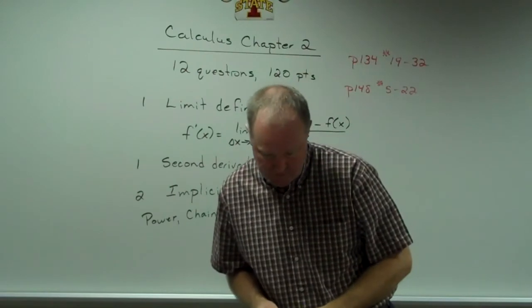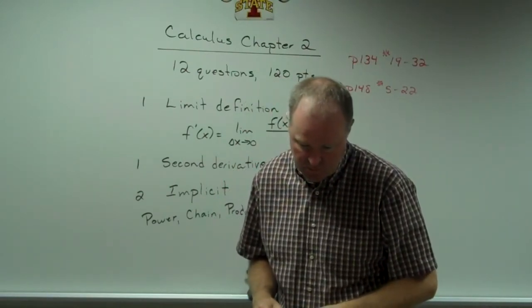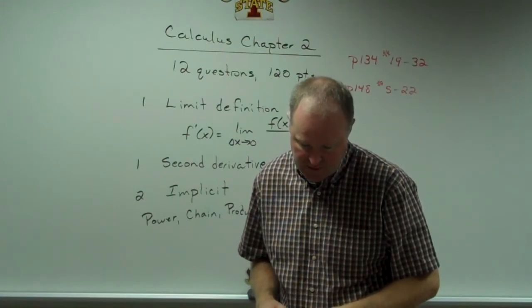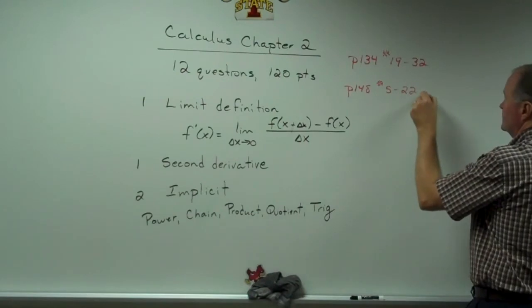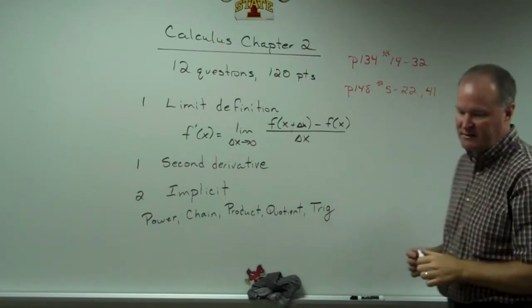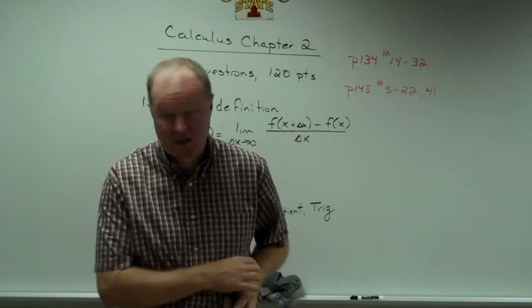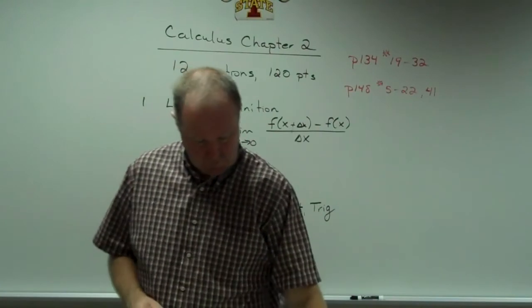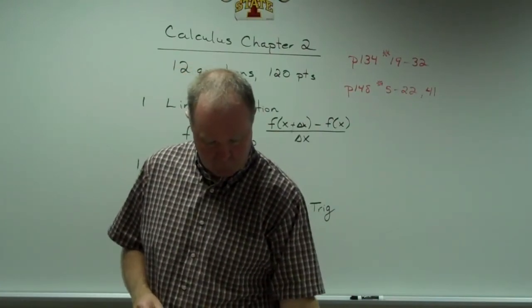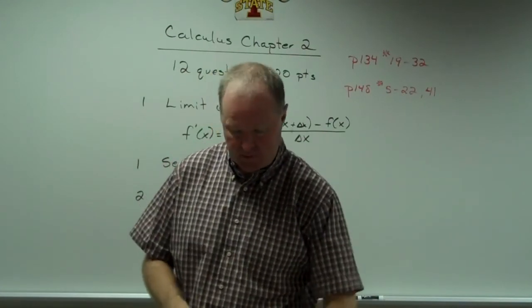And then there's some implicits that are basically number 41. Over there's got about 5 or 6 implicits to mess with. They don't tell you to use implicit, but that 41 is an implicit one. So those are good places to look at.